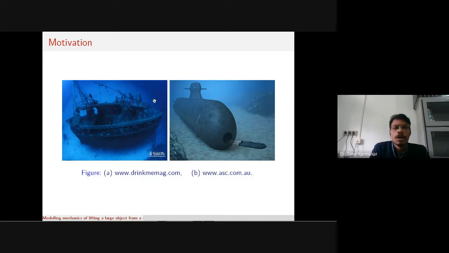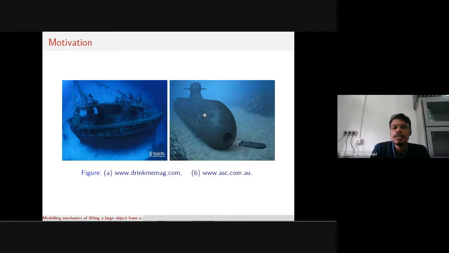Also, for example, suppose a submarine is at rest on the seabed. When it moves, it has to detach itself from the seabed, and only then can it move.